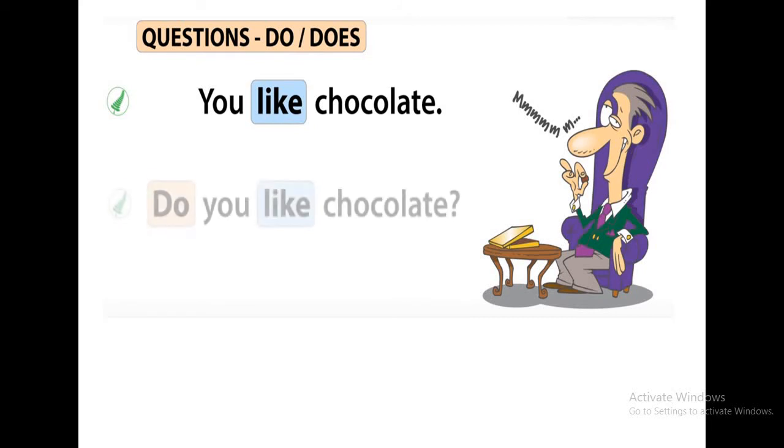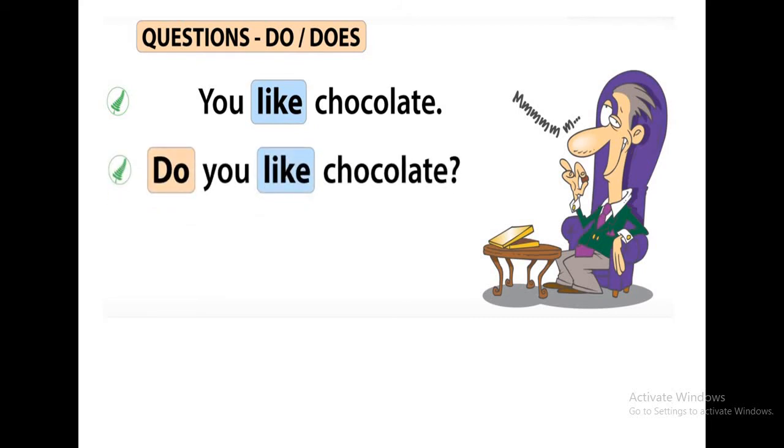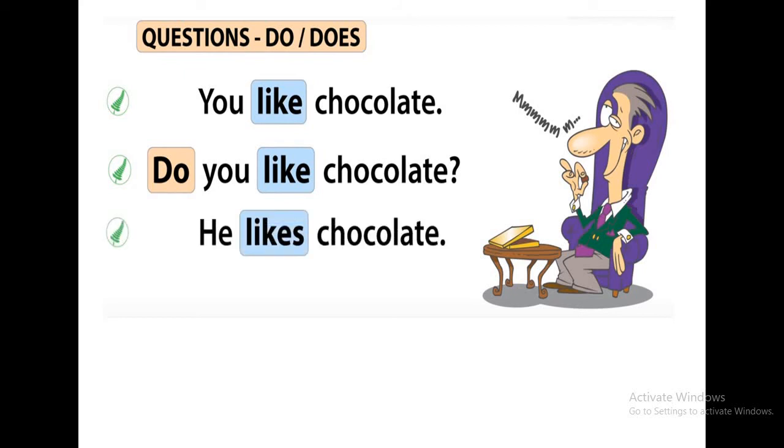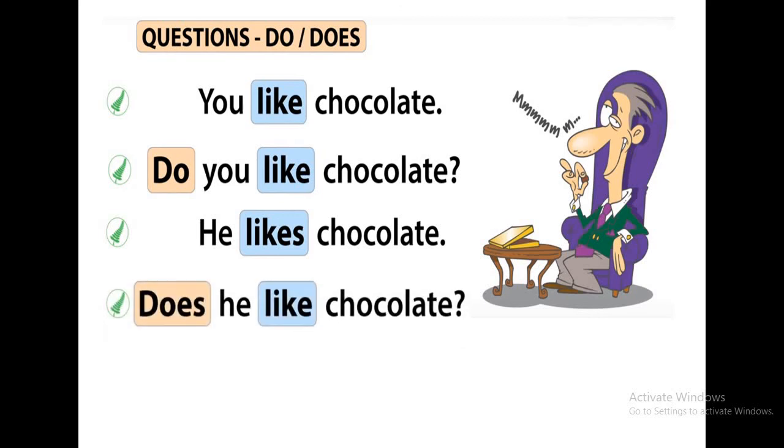So it becomes, do you like chocolate? And with this sentence, he likes chocolate. Again, this is an affirmative sentence. And how can we change this into a question? So for he, she, it, we add does at the beginning to make it a question. Does he like chocolate? Again, there is no S at the end of the verb in questions.